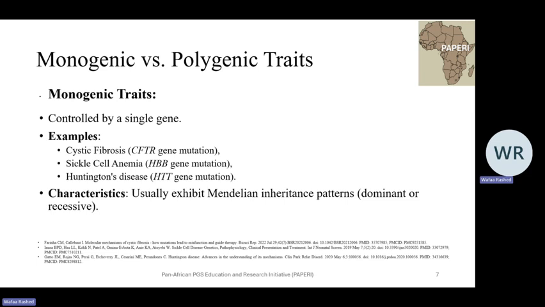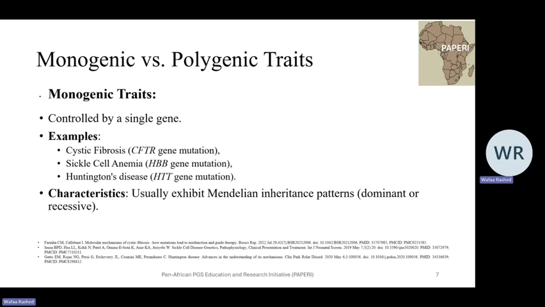The abnormal sickle cell gene is called the hemoglobin S gene. Then Huntington's disease. It's a monogenic disease caused by a CAG expansion in the gene coding for huntingtin, located at the short arm of chromosome 4.